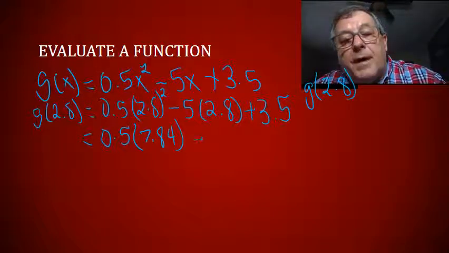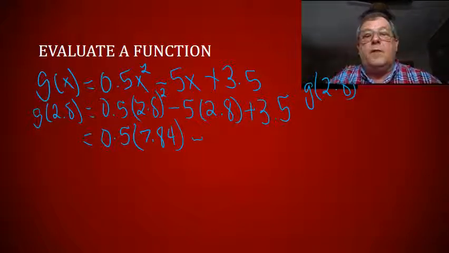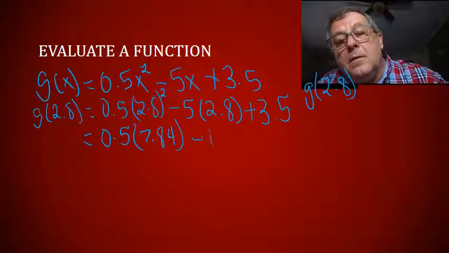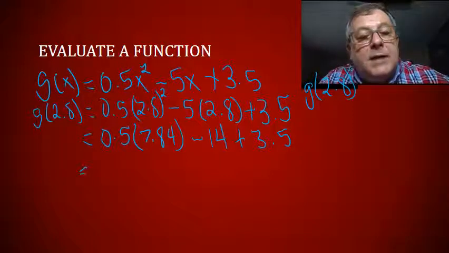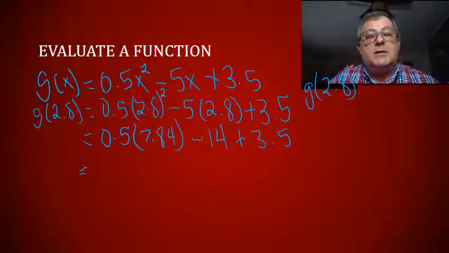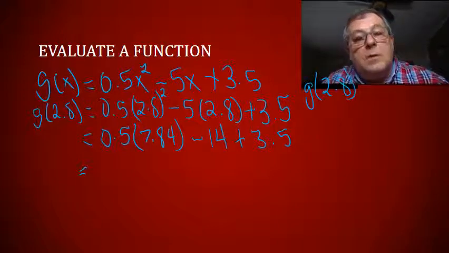And let's see, now we've got minus, negative, 5 times 2.8. I can go ahead and solve that. That's 14, plus 3.5. All right, so now let's see. Let's multiply 0.5 times 7.84, which is 3.92.